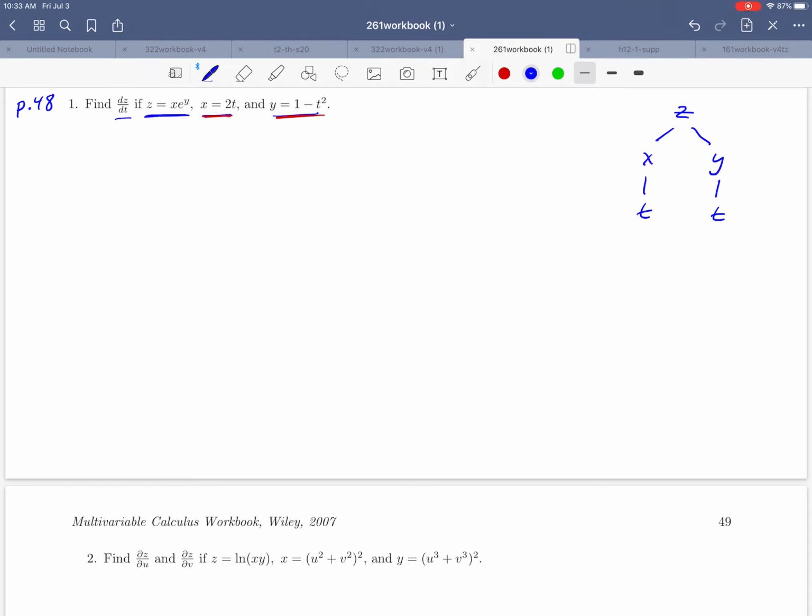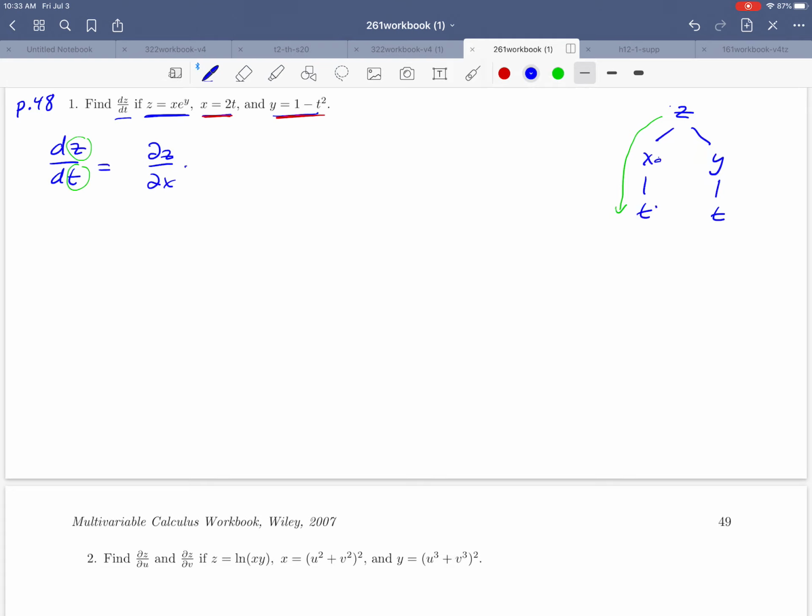That diagram is useful for us because it gives us a roadmap to writing down a formula for dz/dt. We ask ourselves, how many paths are there in that tree from z to t? Well, there's one over here, taking z through x and then x to t. If we take derivatives along each step of our path, going from z to x, that's partial z partial x.